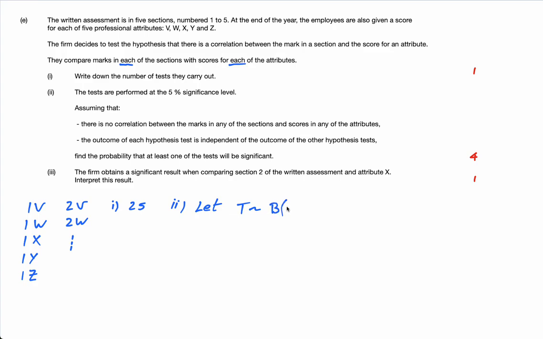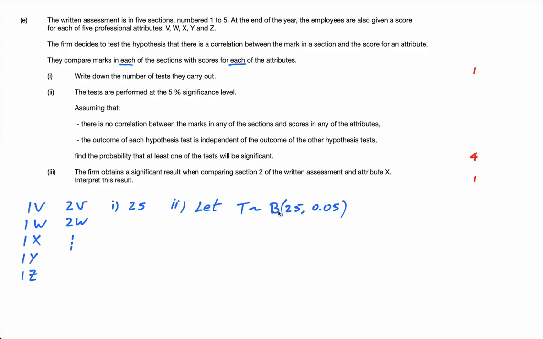Now I know it's binomial because there's 25 tests, so that's our fixed number of trials. I have a probability, 0.05, and they say each test is independent of the other test. You need a fixed number of trials, you need a consistent probability that stays the same, and you need all the tests to be independent. So that's what tells you it's binomial.